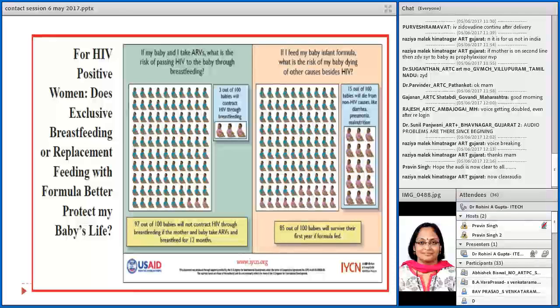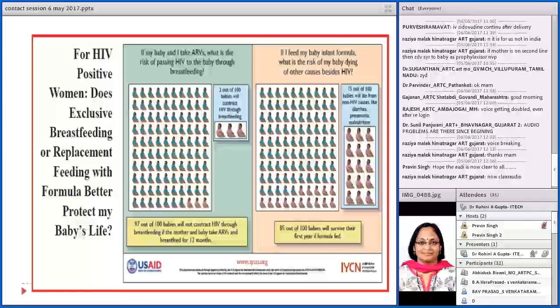The rest, 97 babies out of the 100, will not get HIV infected, will remain healthy and can be breastfed for 12 months.